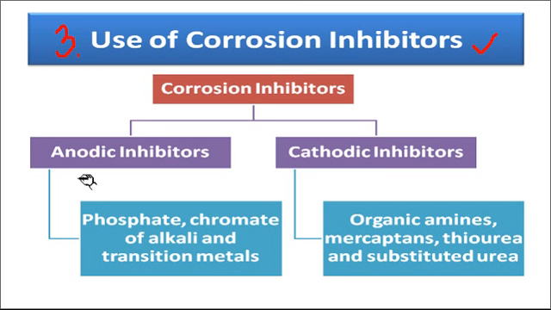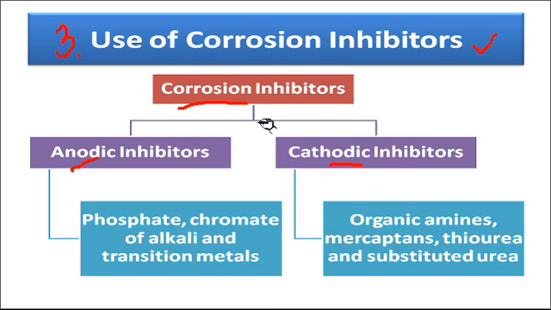One is the anodic reaction, second one is the cathodic reaction. So these half cell reactions combinedly result in the complete corrosion reaction. So if we can control one type of reaction, then the other type of reaction is automatically minimized. So overall corrosion rate is slowed down.